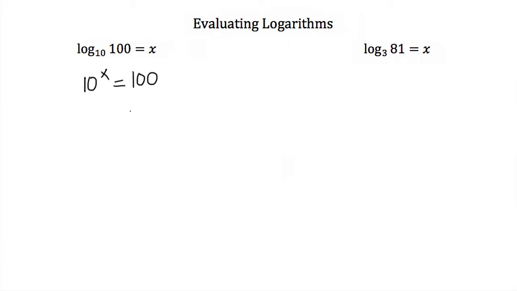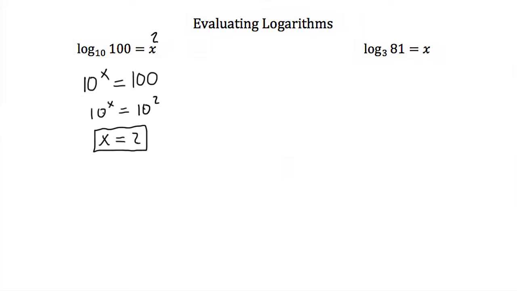Now, 100, that's 10 squared. So that means 10 to the x is equal to 10 squared. And since our bases are the same, they're both 10, that means x has to be equal to 2. So that means that the log base 10 of 100 is equal to 2.